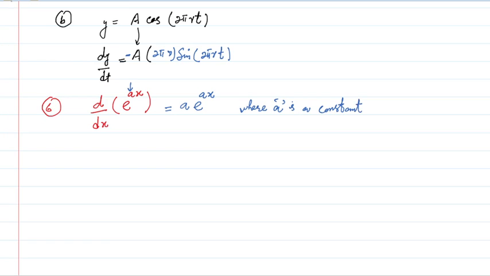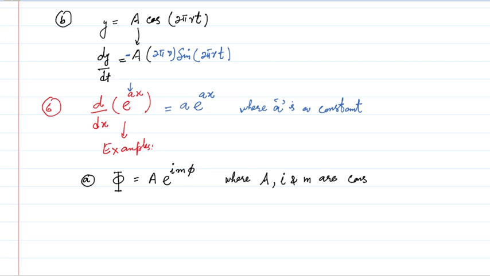Now also we will take examples. Suppose example number 1 is, suppose this is capital phi is equal to a, some constant, e raised power iota m, and this is small phi, where this capital A, iota, and m are constants.